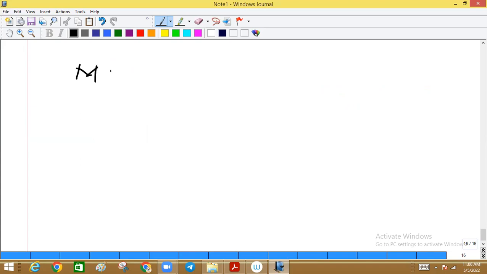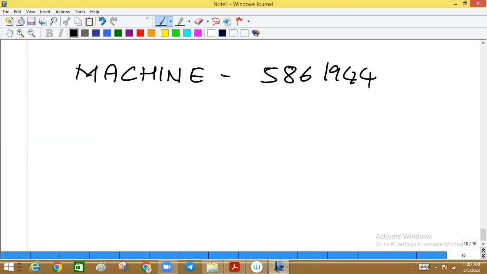Write down the question. Machine is coded as 5861944. How is stock coded? I'm going to give the options also, because if I didn't give options, you'll get n number of answers.